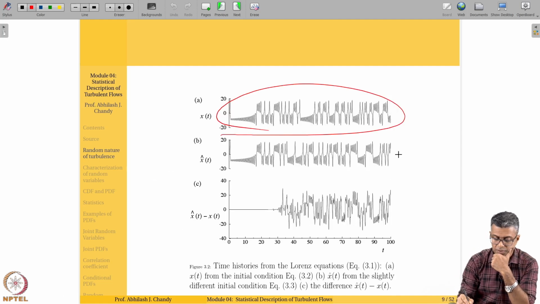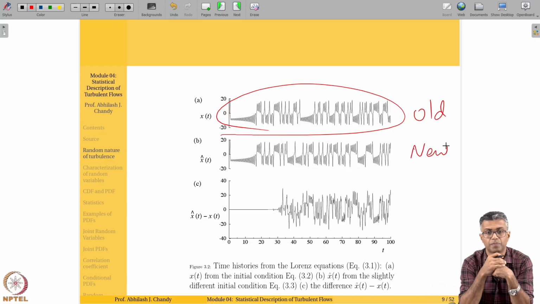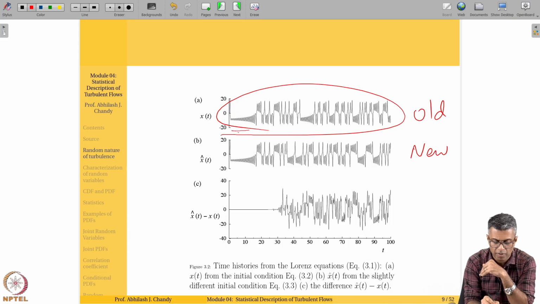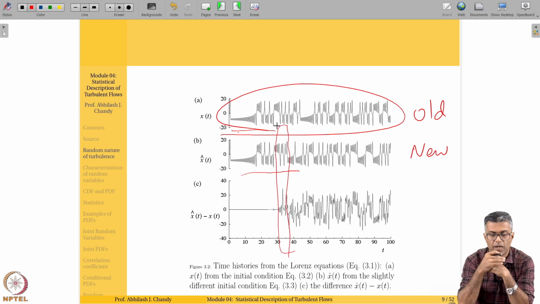So this is the old one and this is the new one. If you see here, everything seems pretty similar here, here, and then suddenly I start to have a difference somewhere here. Isn't it? In this window, I start to have some difference.